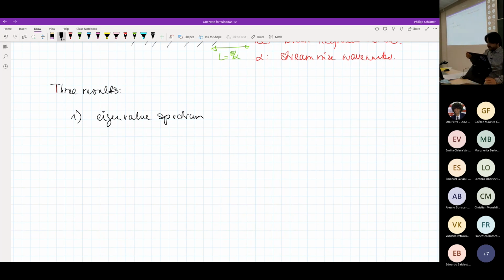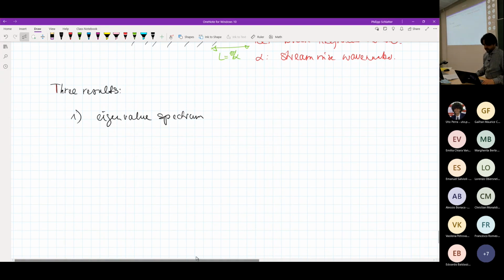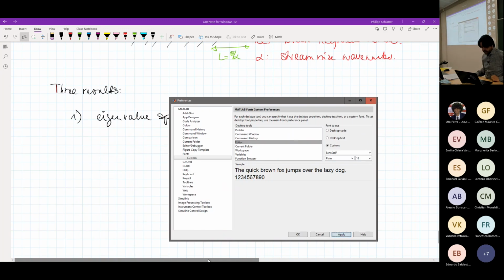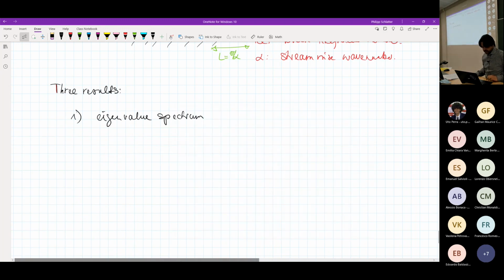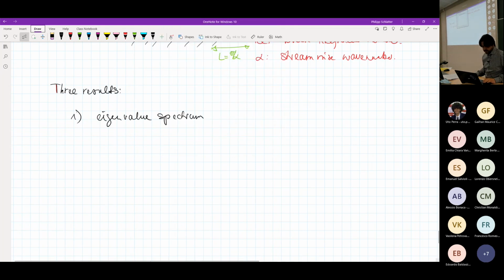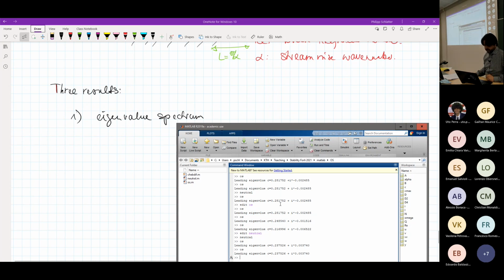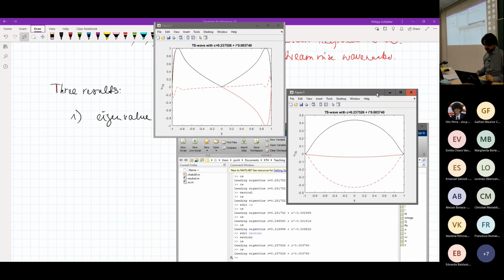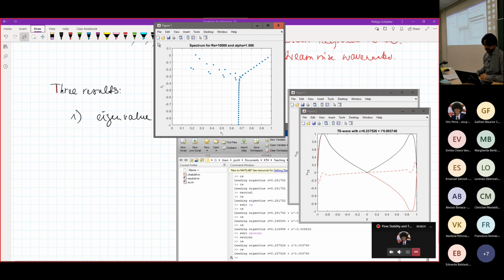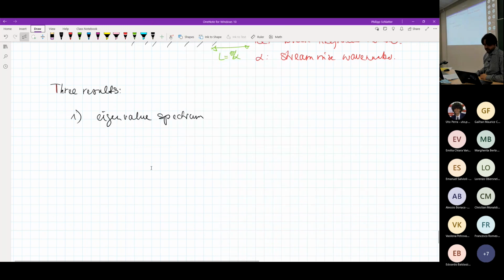And the eigenvalue spectrum is what I need to try to capture properly. So the first result is this one here, the eigenvalue spectrum. I take that and I put that in here.